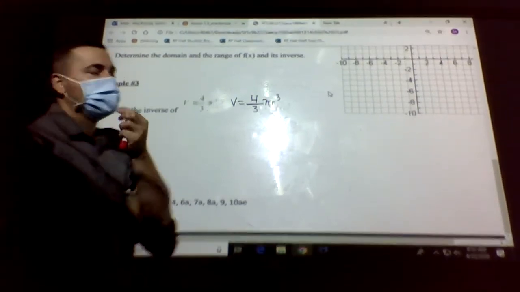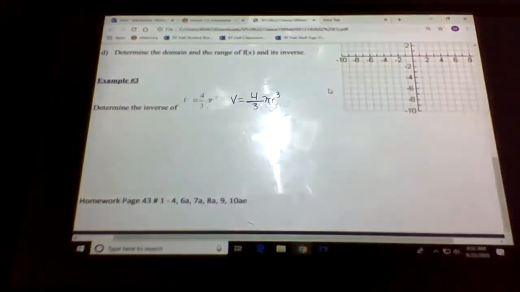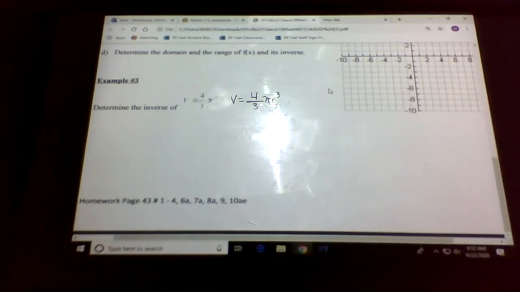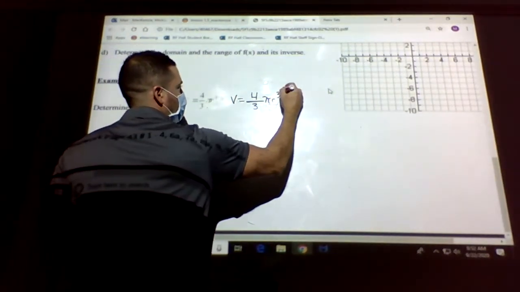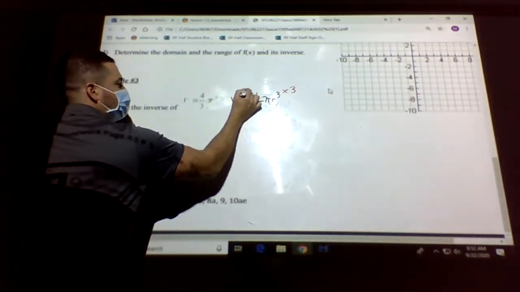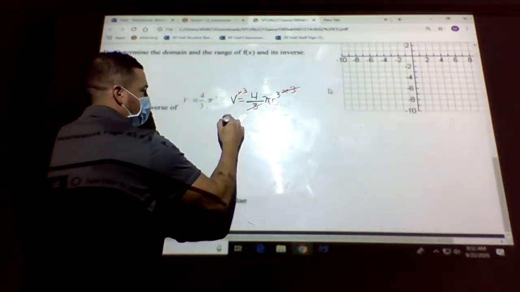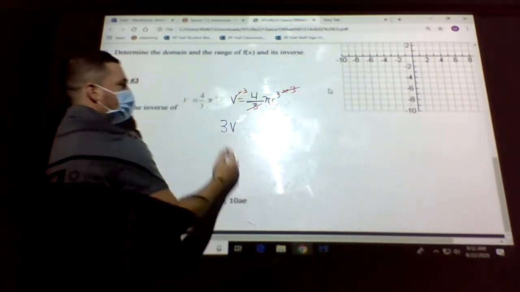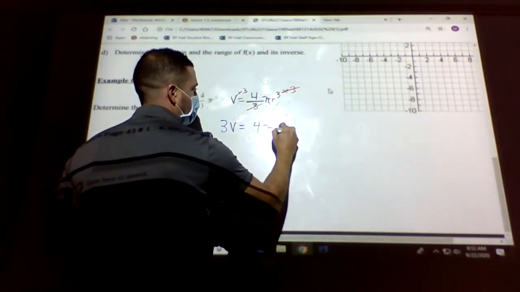Right now we're dividing by 3. So if I want to cancel out that 3, I need to do what? Multiply by 3. This is all being multiplied, so multiply by 3, multiply by 3, and this cancels out. So we have 3v, so v times 3 is 3v, equals 4 pi r cubed.